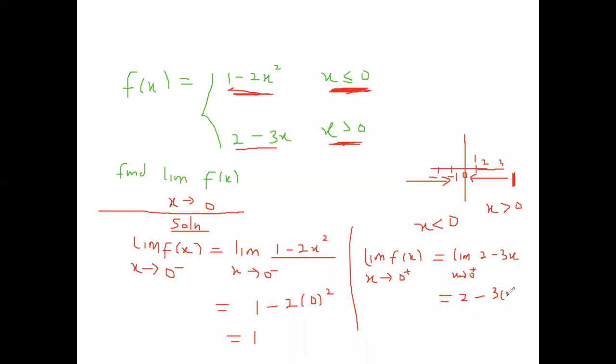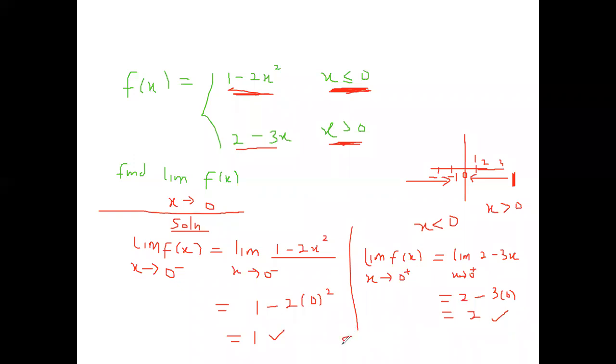So 2 minus what? 3 times 0. And this is equal to what? 2. Okay. So when we look at the rule, we can see that the limits exist. The first limit is 1. The second limit is 2. But are they equal? No, they are not equal.